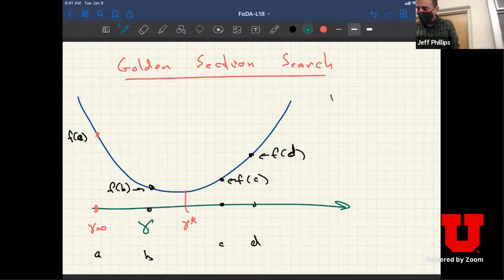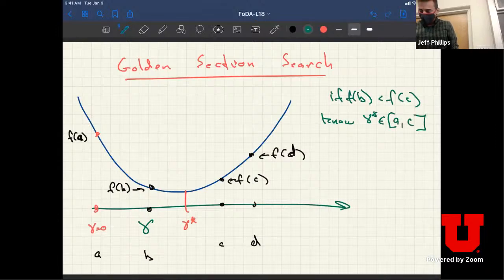So I can basically say if f of B is less than f of C, then I know that gamma star is in the interval AC. So I've reduced the interval I can consider to this region, and then I need to choose some other point.